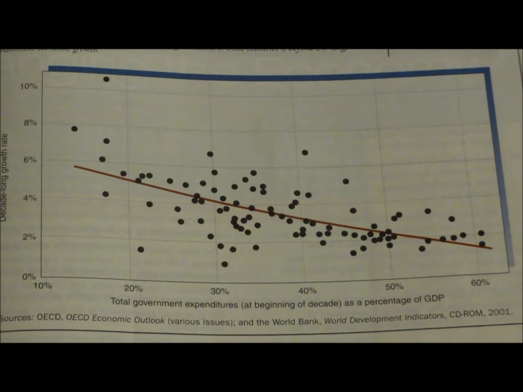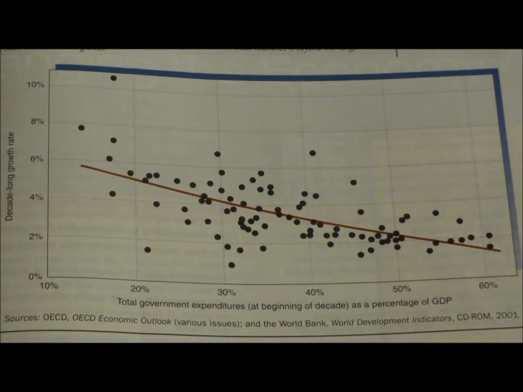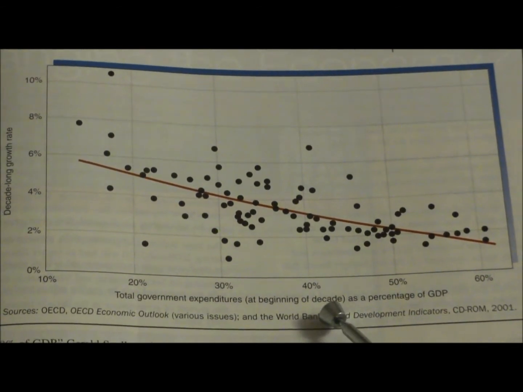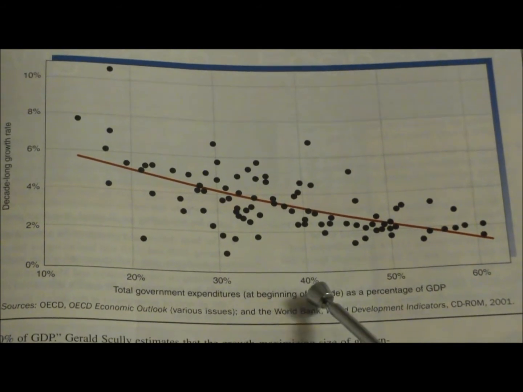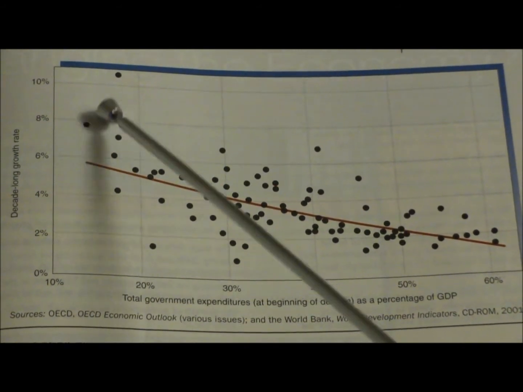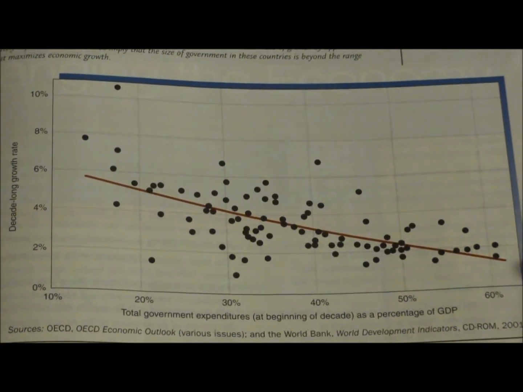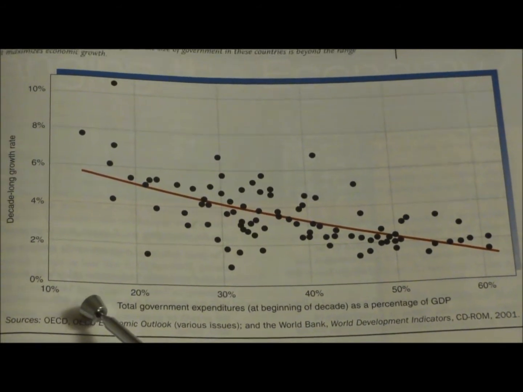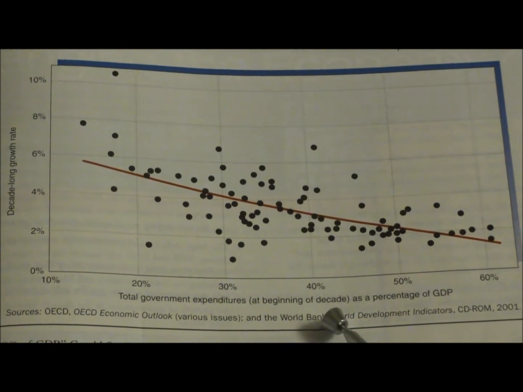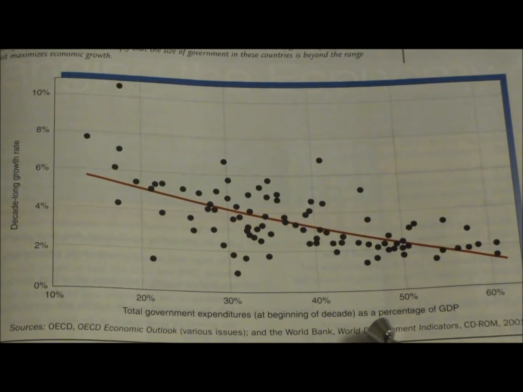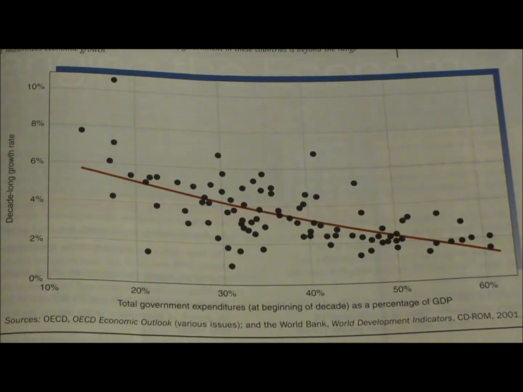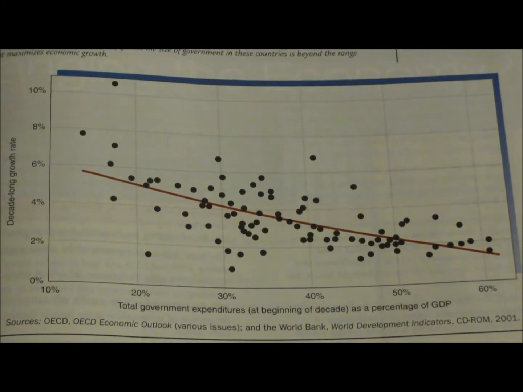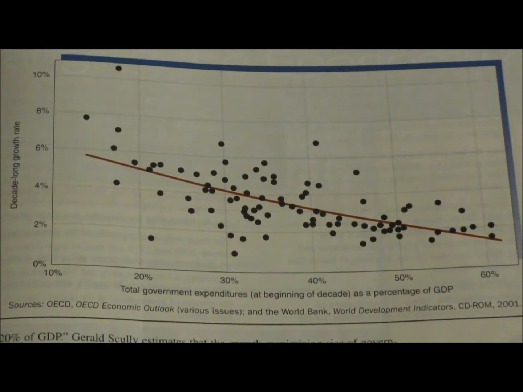And so it gets pretty clear that big government costs too much, as determined by the retarded growth, for the benefits it's giving. And as you try to increase government benefits, as people normally call them, government spending, they're actually hurting the economy. And so let's go ahead and cut back.